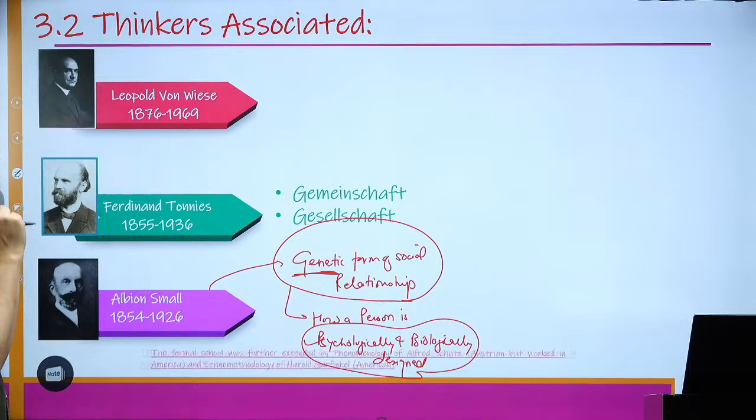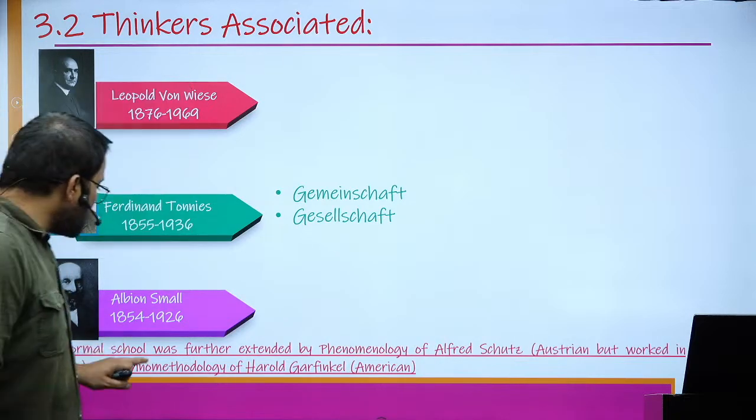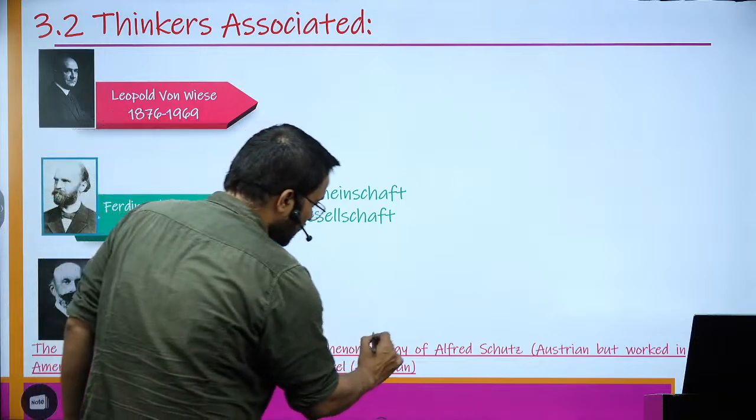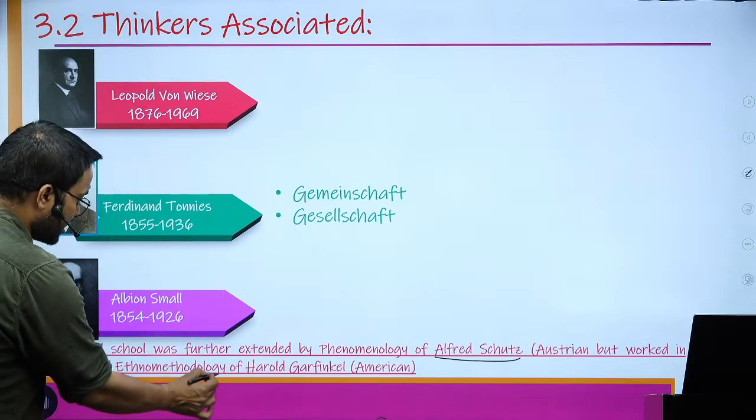Okay. Now, there's one more statement that you can see here. This formal school of thought was further extended by the phenomenology of Alfred Schutz and the ethnomethodology of Harold Garfinkel.